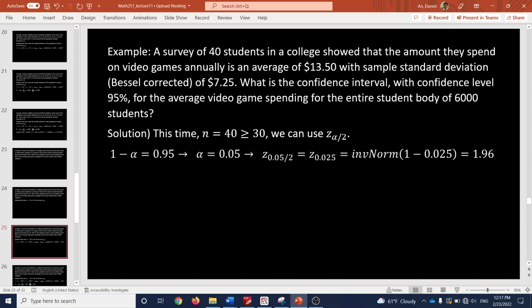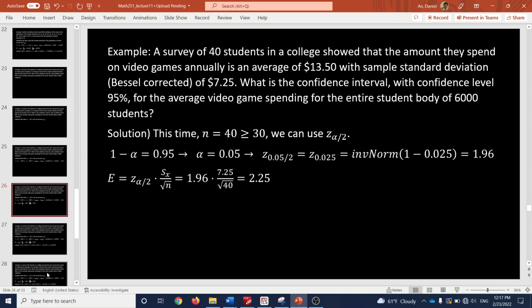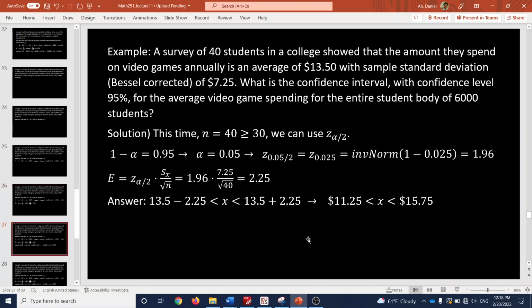So I can use the inverse norm and I get 1.96, and then I get the error, add and subtract. So you kind of see that now everything is somewhat similar, right? You just find the critical value by inverse norm or inverse t, calculate the margin of error, and add and subtract that to the mean value, and that's your confidence interval.